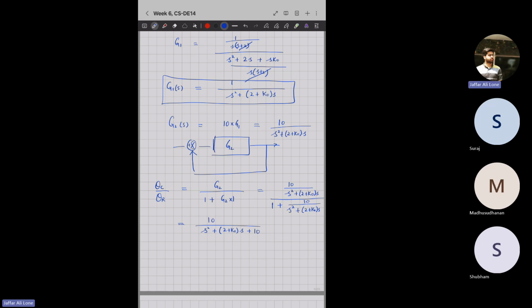If you have any doubt anywhere, just stop me and ask. Again, I told you this is the transfer function that I got from the feedback loop.